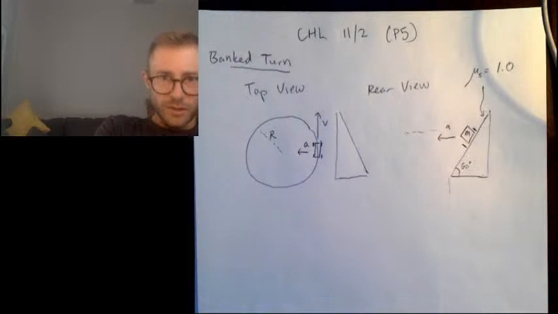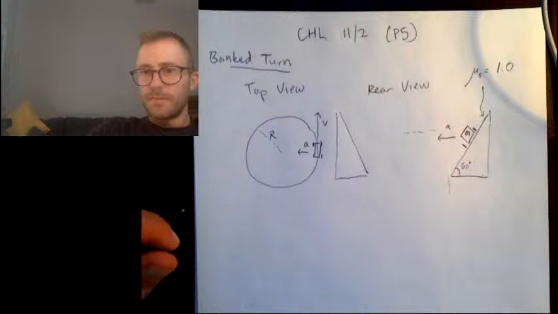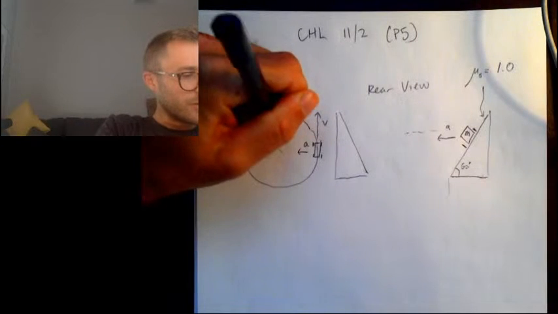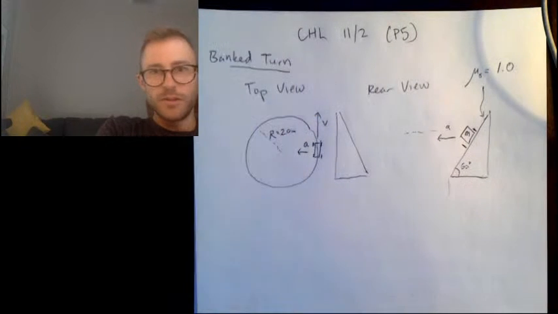So my question is, oh, I better give the radius of the turn too. Let's say the radius of the turn is 20 meters.